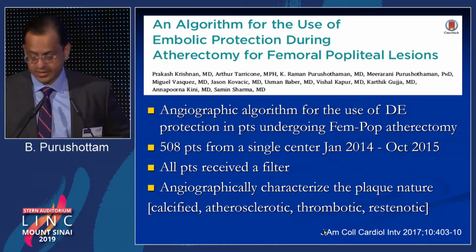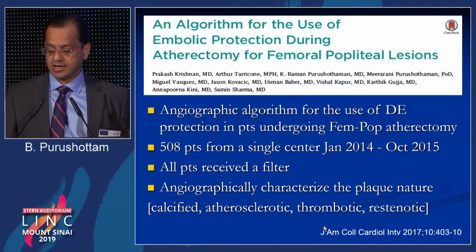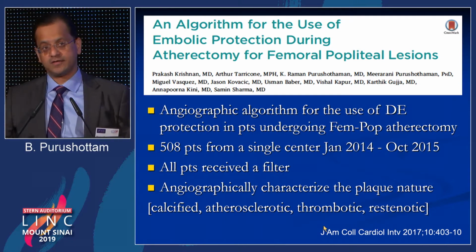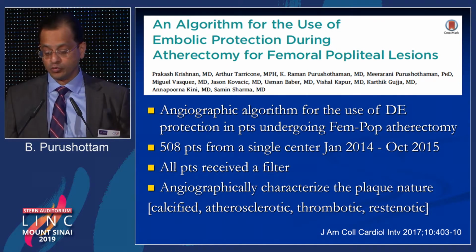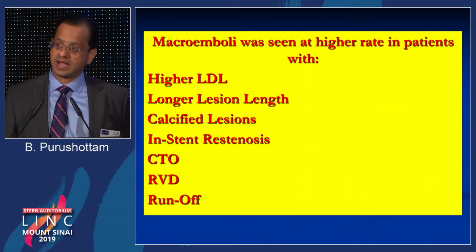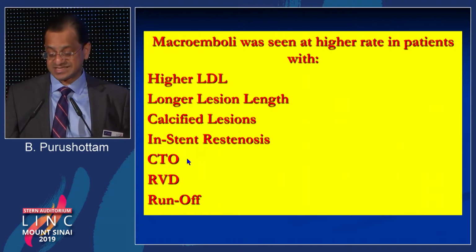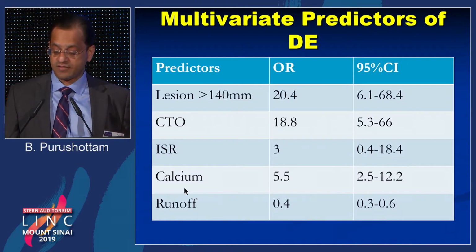PK and his team published a very nice angiographic algorithm to see who would truly benefit. They collected all the macroemboli and sent them to the lab, and found that patients with higher LDL, longer lesion length, calcified lesions, in-stent restenosis, CTO, residual vascular disease, and poor runoff had a higher tendency to embolize.